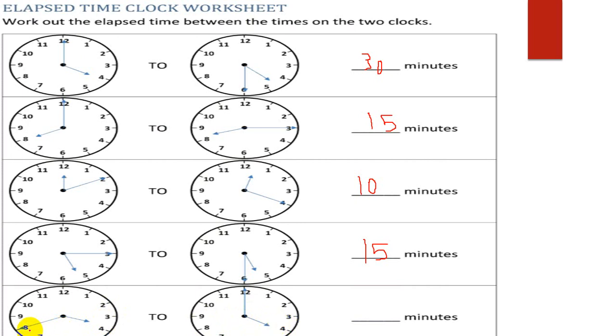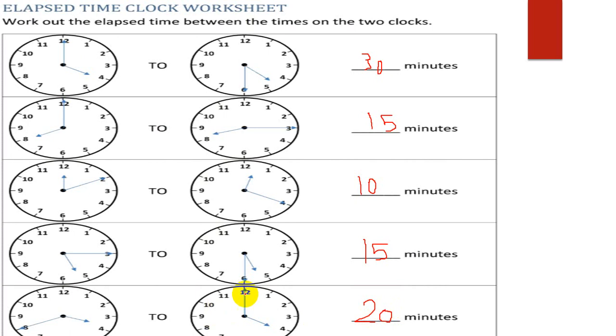You can count 5, 10, 15, 20. The minute hand moves until 12, and the short hand moves until what? 4. So how many minutes here? 20 minutes.